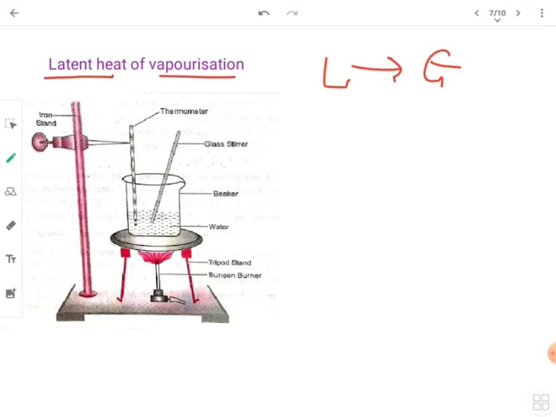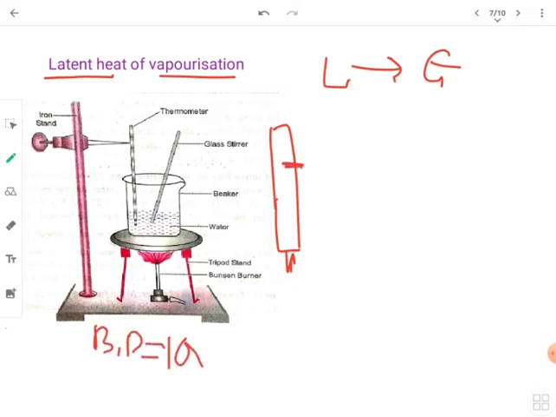So when we are boiling this water, again the temperature in the thermometer will become constant at what? At the boiling point of water, which is equal to 100 degrees Celsius. So till the whole of this water has evaporated and changed into the gaseous form, the temperature is going to remain constant at 100 degrees Celsius. When the water is evaporated, then the temperature will start rising.